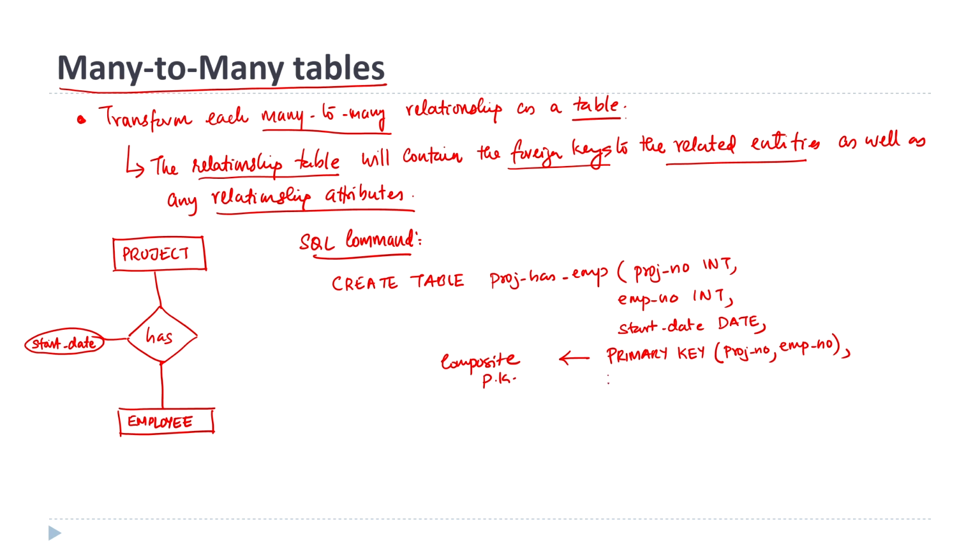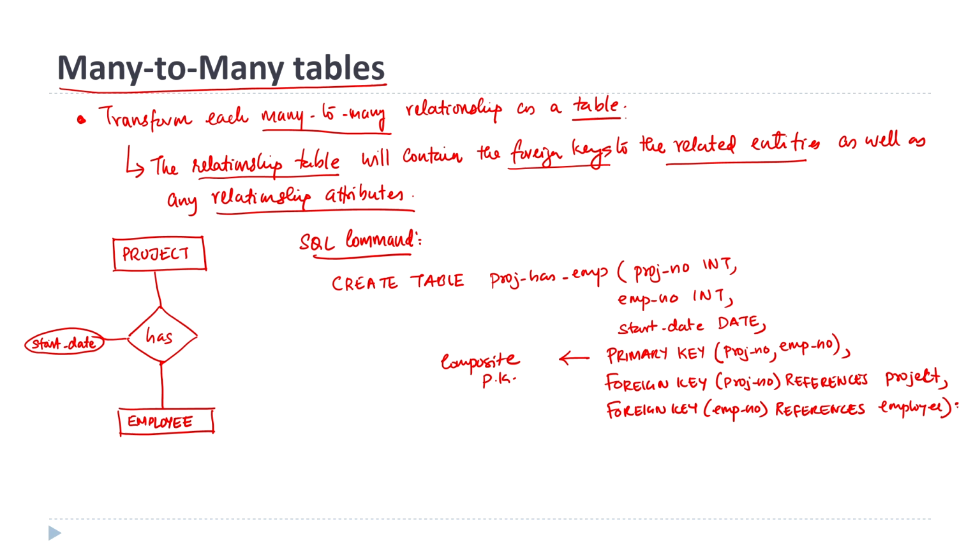And then I am saying a foreign key, okay, project number is a foreign key, references project, that is the references the project table, and I am also going to say foreign key employee number references, okay, employee, okay, semicolon.